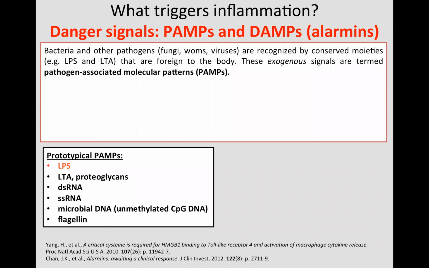PAMPs are derived from pathogens. They are certain molecules coming from pathogenic bacteria, which can be sensed by our body. They are called pathogen-associated molecular patterns. These are commonly present in many agents and can be sensed easily by a few receptors.